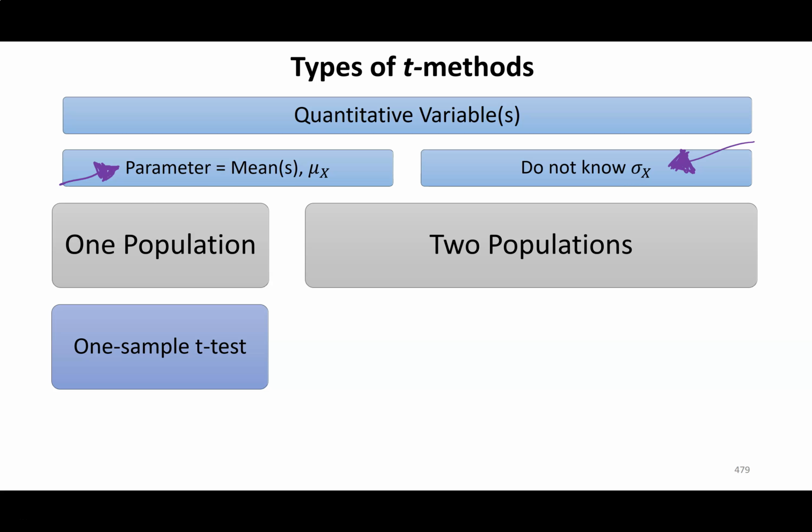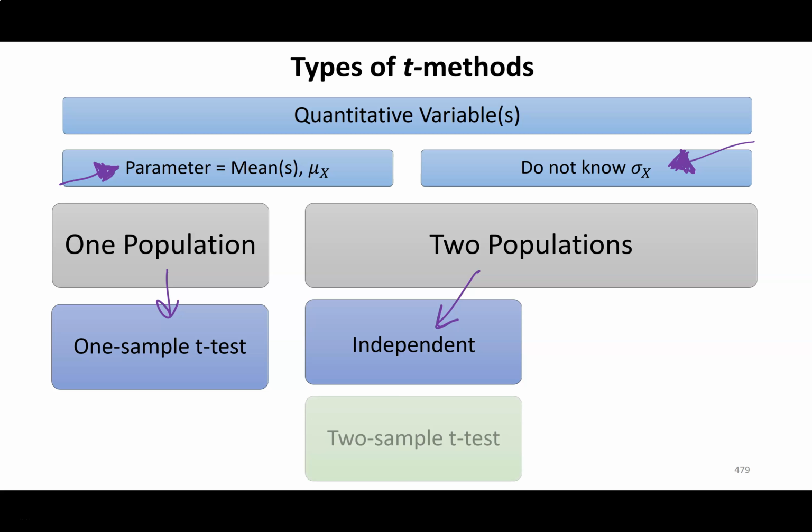Then we have 2 populations. And if you have 2 populations, then you have to ask yourself, are they dependent or paired? Or are they independent populations with no overlap from one another? If you have independent, then you're going to go with a 2 sample t-test, which you'll see if you go on to Stat 202, we won't in 201.